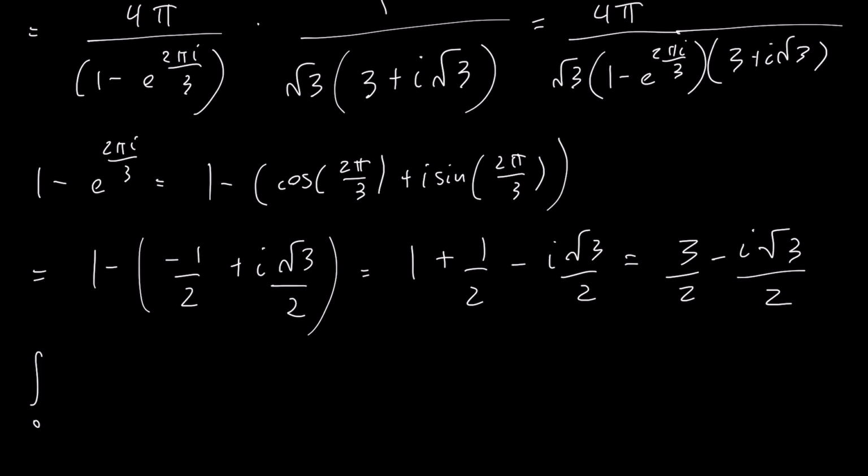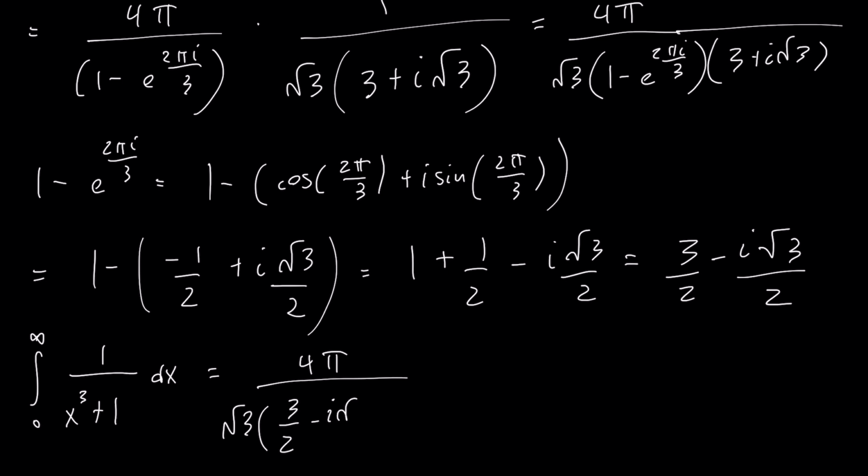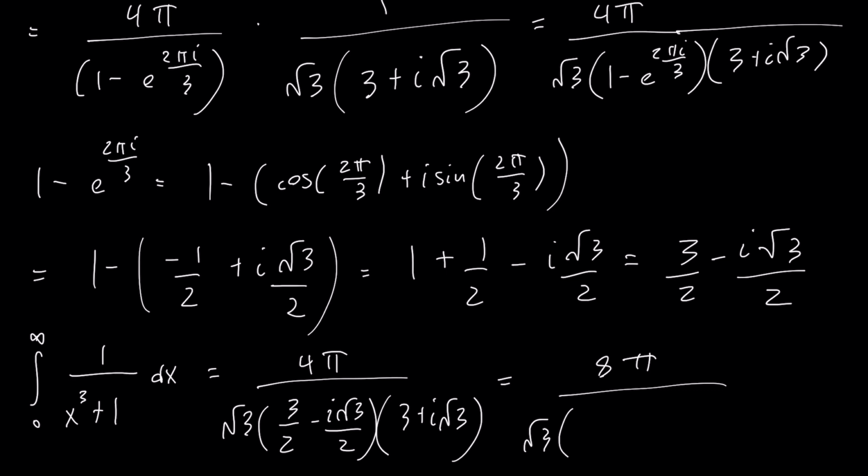So you have the integral from 0 to infinity of 1 over x cubed plus 1 dx equals 4 pi over square root of 3 times 3/2 minus i times the square root of 3 over 2, and times 3 plus i times the square root of 3. We can rewrite this as 8 pi over the square root of 3 times 3 minus i times the square root of 3, and then times 3 plus i times the square root of 3.